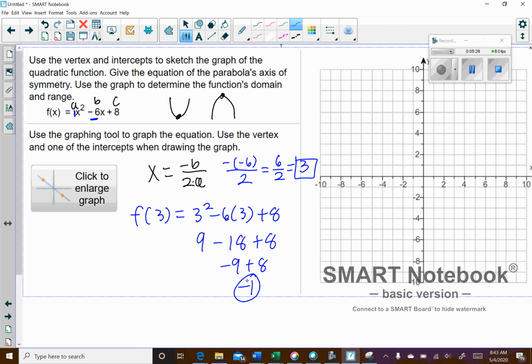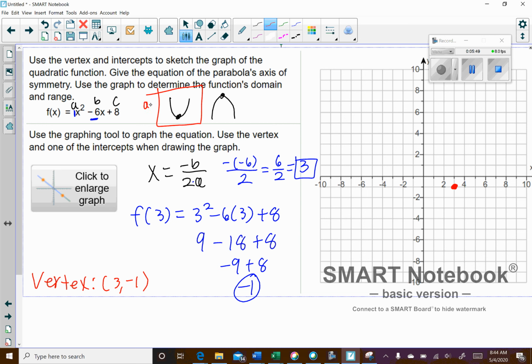So my vertex is going to be at 3, negative 1. So over 3, down 1. Now, I know it's going to open up. It's going to open up because the a value is positive.